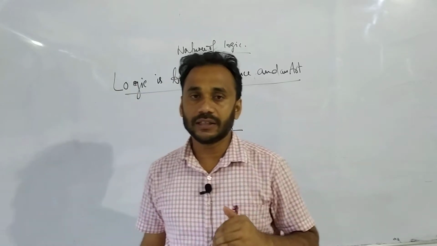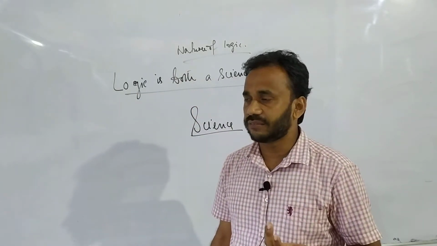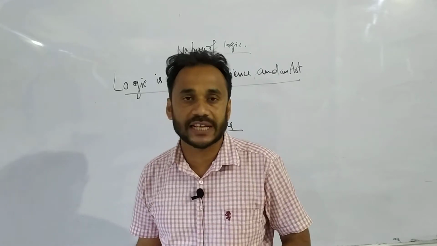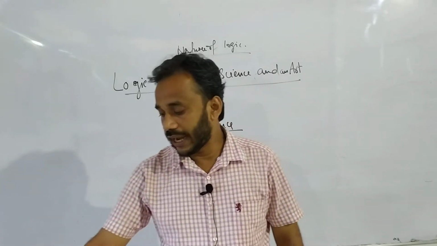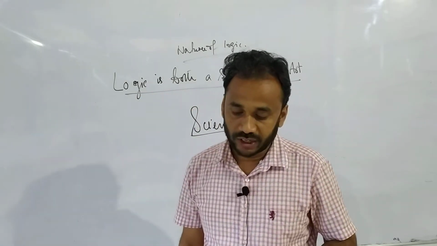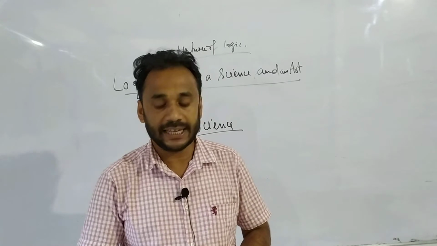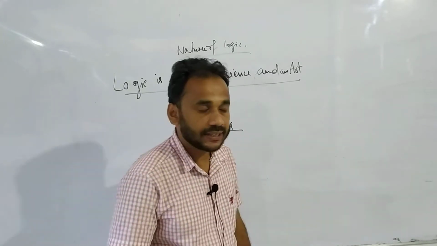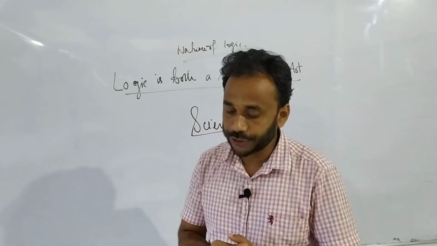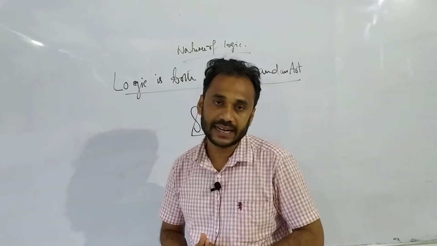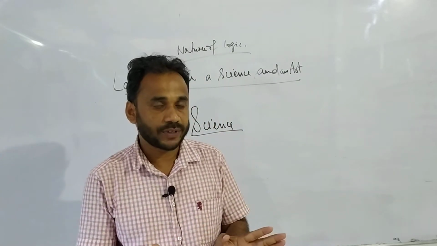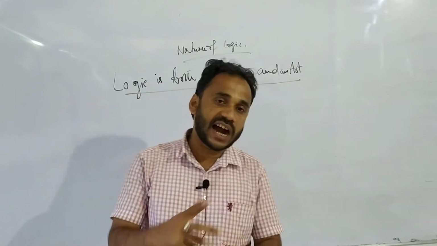So in defining science, we have understood that scientific knowledge is methodical, general, verifiable, accurate, exact and certain. So this is science. And now, what is an art?